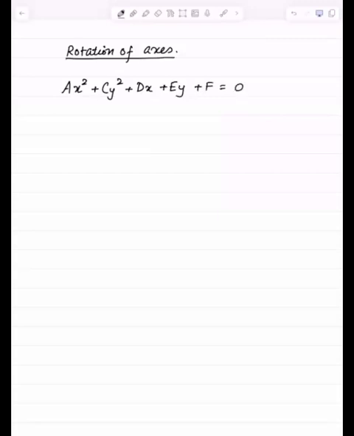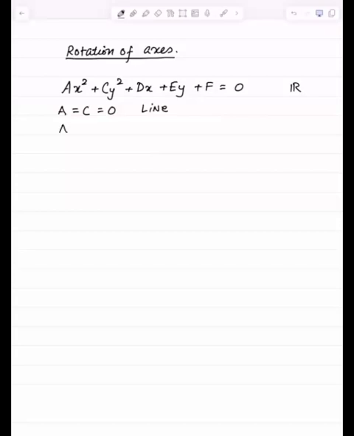Here a, c, d, e, and f are any real numbers. Now we know that if a and c are both 0, then we just have dx plus ey plus f, which is an equation of a line.